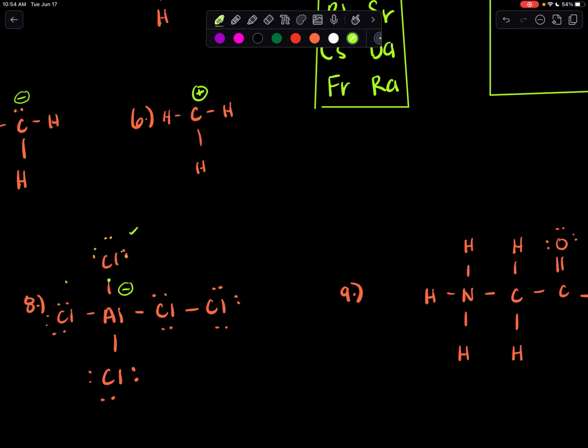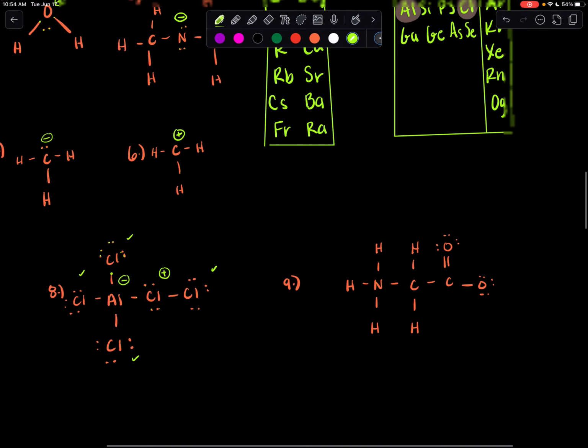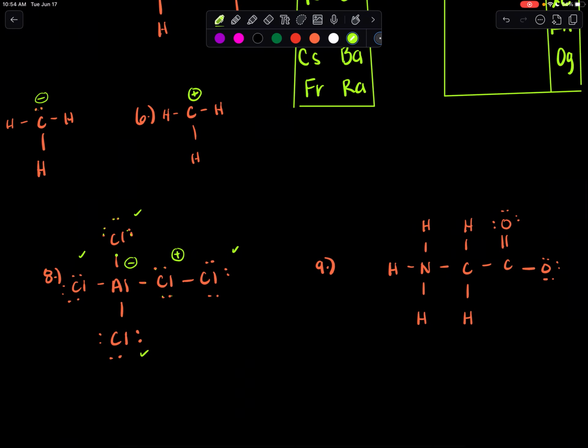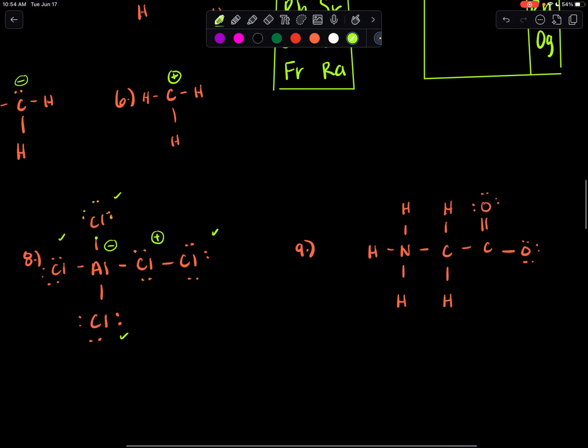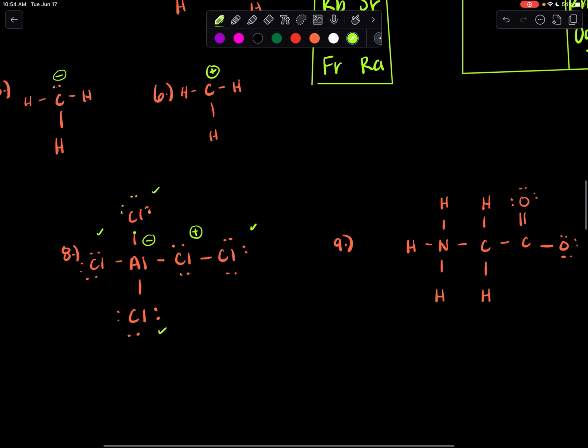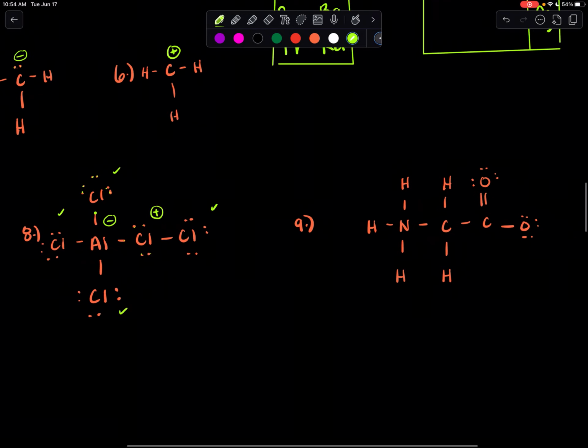This one's okay, this one's okay, this is okay, this is okay. Now let's look at this one. 1, 2, 3, 4, 5, 6. All right, so this one's missing an electron. So that is going to have a charge as well. This structure down here had two charges, and an interesting little side note is that they are opposite. Opposite charges attract each other.